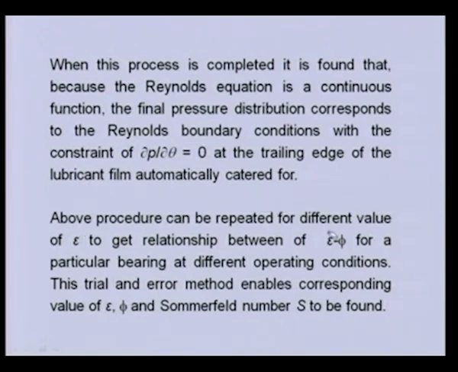That means once we have got the convergence, we will be getting the equilibrium position of the journal, that is the eccentricity and the attitude angle, and we can find various combinations of the attitude angle and the eccentricity.